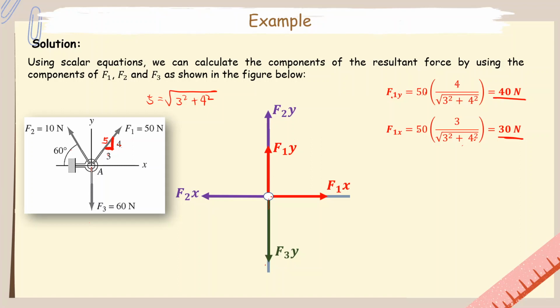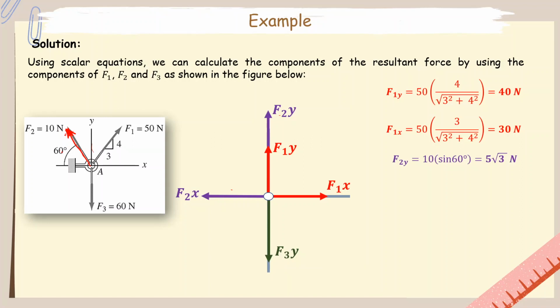How about sa F2? So, ano yung F2? Ito yung F2. Tingnan natin ang F2, di ba? Ito yung F2. So, what are the components? Yung naka-violet. So, ang vertical component niya is F2y, positive. So, value ng F2y is 10, i-sine mo yung angle. 10 sine of 60.